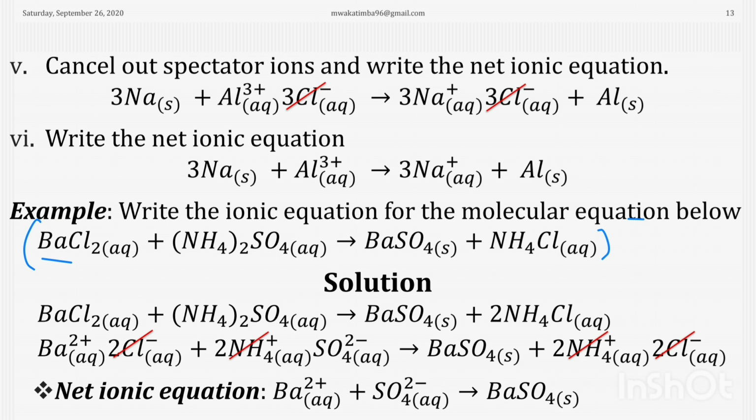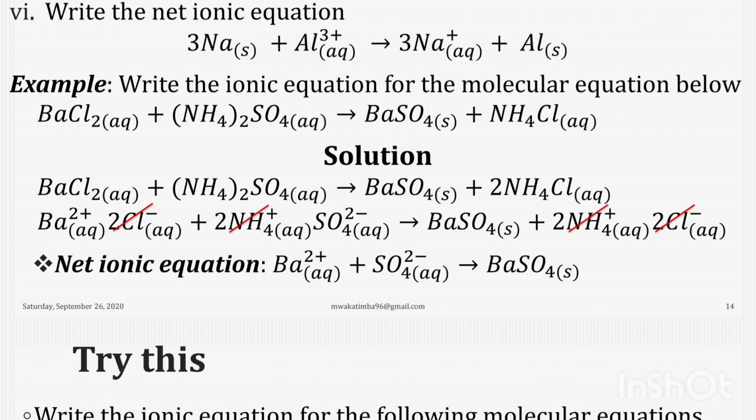Try to follow all the stages that I have shown you to dissociate all the soluble compounds and to leave the others like liquid, solid, and whatever, as I said previously. And in the end write the total ionic equation, and after that cancel the spectator ions and write the net ionic equation the right way.